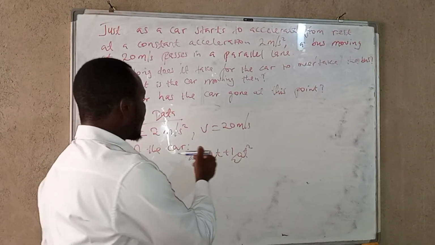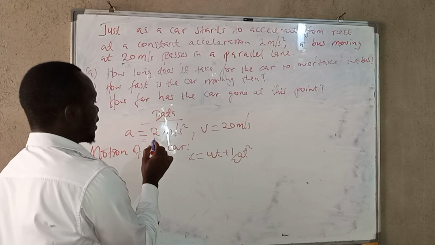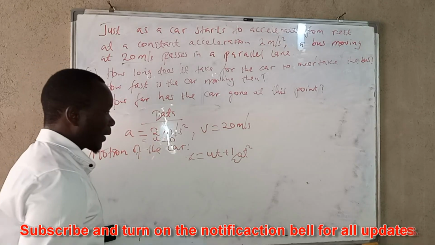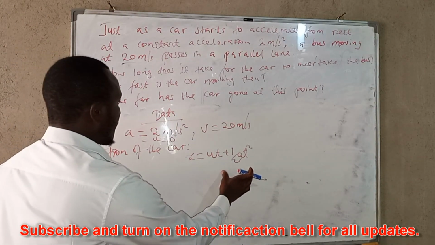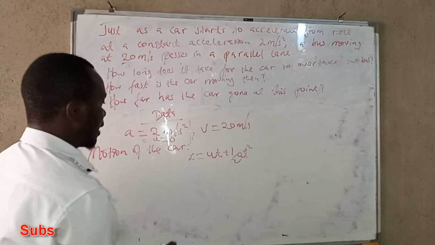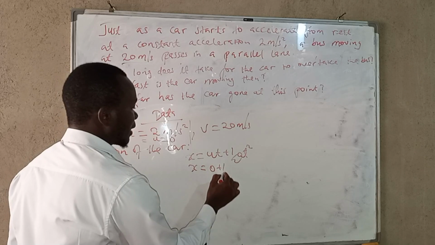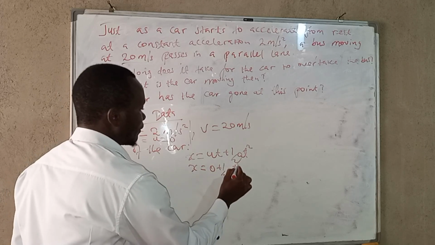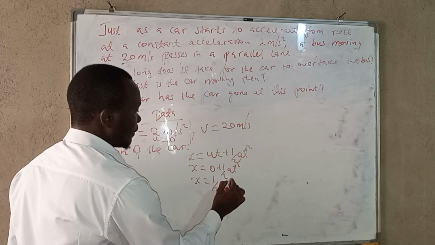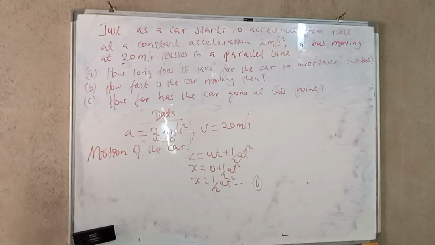For the car, the initial velocity is 0. So here we have x is equal to 0 plus half at squared. x is equal to half at squared. We can call this equation 1.